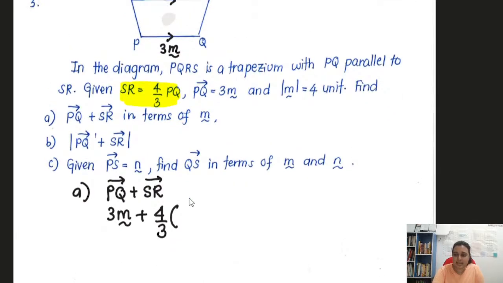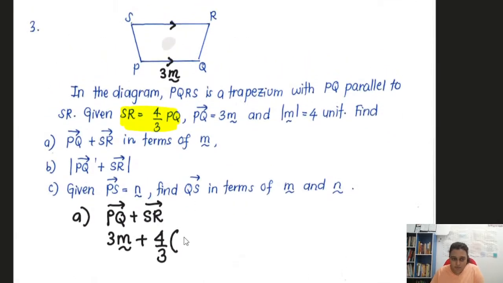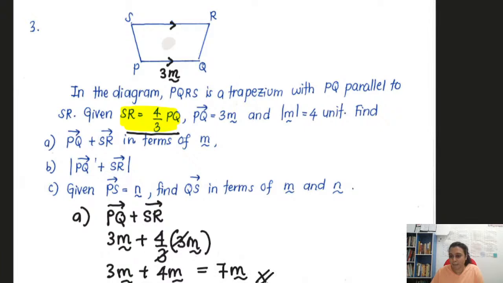So I just ganti only. 4/3 of 3m. I'm just using this formula, the lambda one that they give us. So here we cut. So 3m plus 4m. So your answer will be 7m. So A done already.